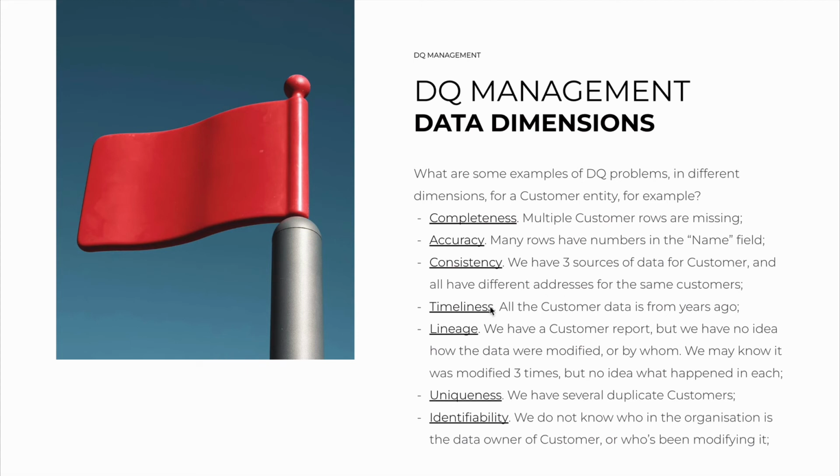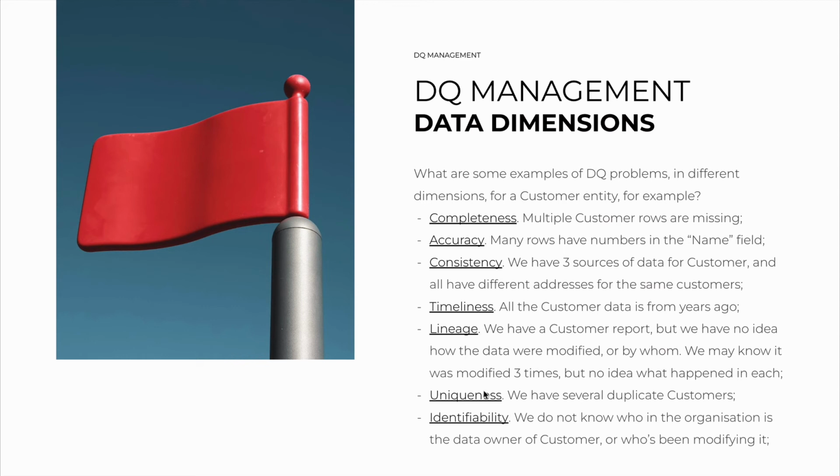In terms of timeliness, for example, we may have customer data which is complete and accurate, but it's from years ago. Or, in terms of lineage, we may have a customer report, but we may have no idea how the data got there, how they were modified, or by whom. We may even know that data were modified 3 times, but we have no idea what happened at each stage or who was involved.